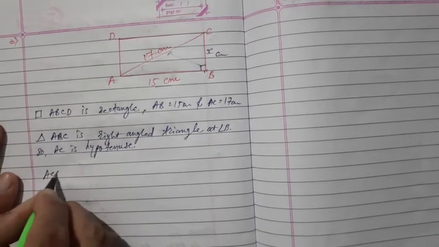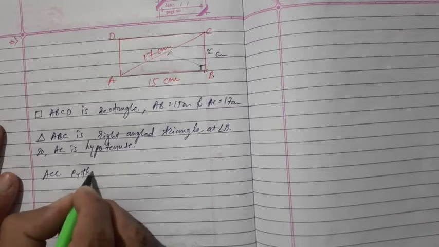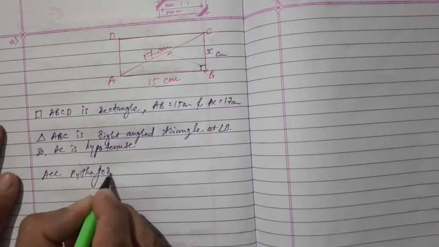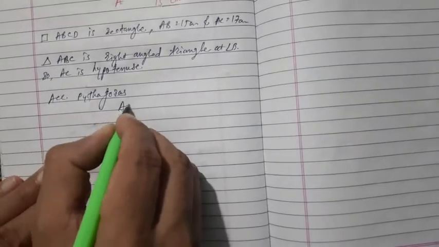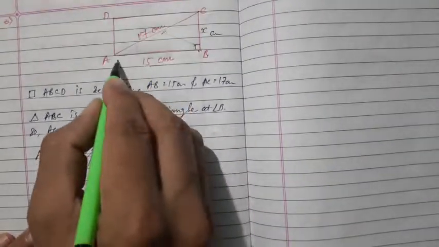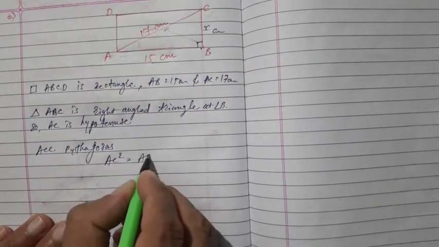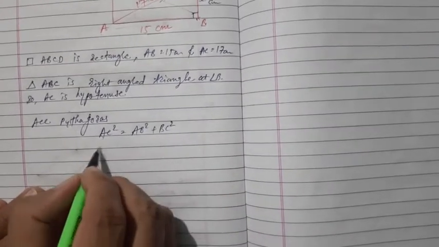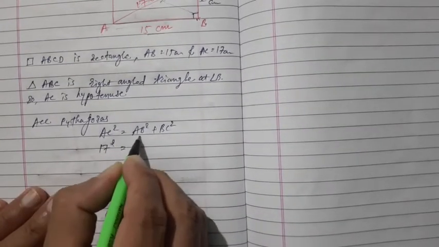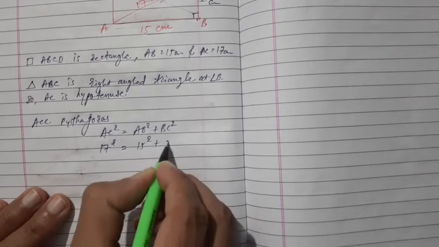Now according to Pythagoras, hypotenuse square, that means AC square, equals the sum of two legs, meaning AB square plus BC square. That is 17 square equals AB, which is 15 square, plus x square.